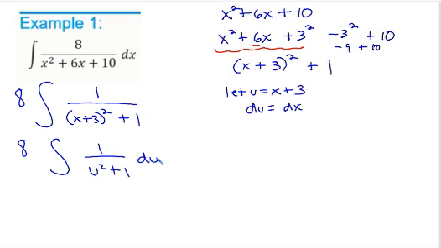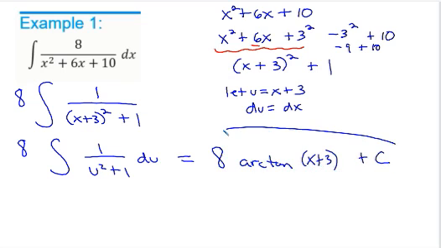Isn't that arctangent? This is arctangent. So this is going to be 8 times the arctangent of my u, which was x plus 3, plus c. Pretty easy. You just have to know what you're looking for. You have to be aware that when we're doing these rational expressions, you're going to have some of these inverse trig deals showing up. Let's look at one more.